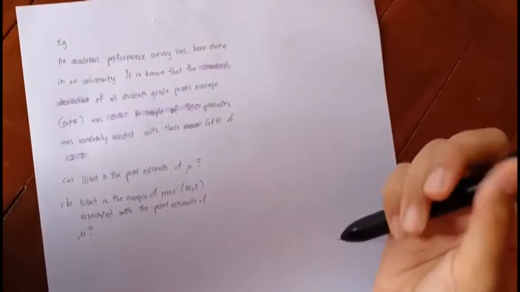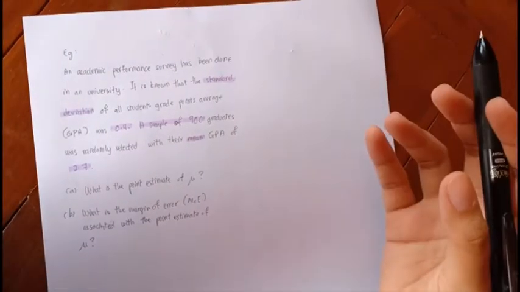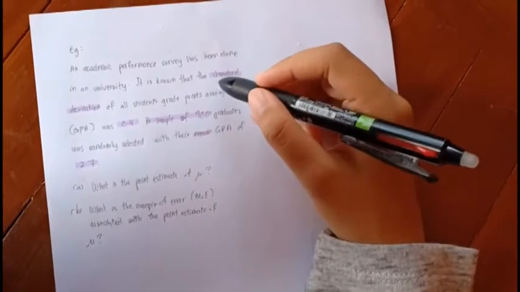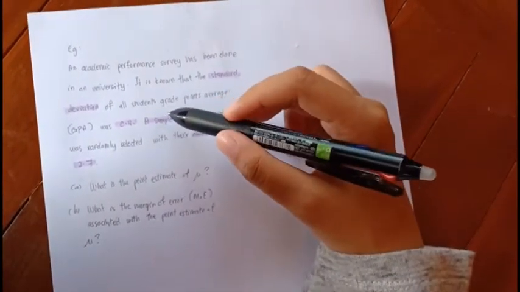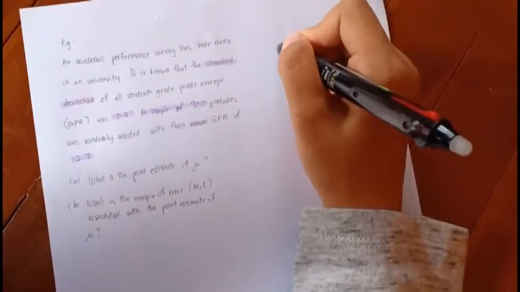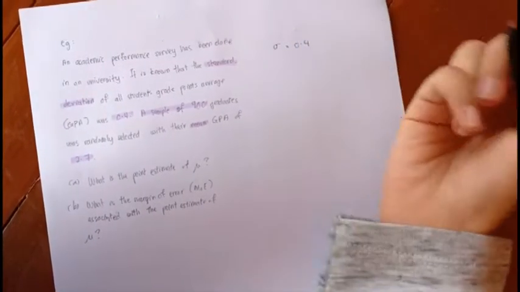First of all, we should take out the important values. Here I have highlighted that the standard deviation of all students' grade point average was 0.4. So the standard deviation, the symbol is sigma, 0.4.